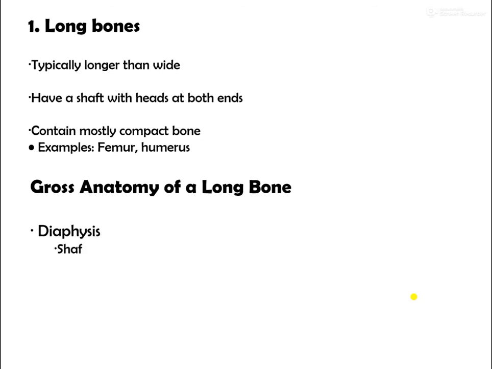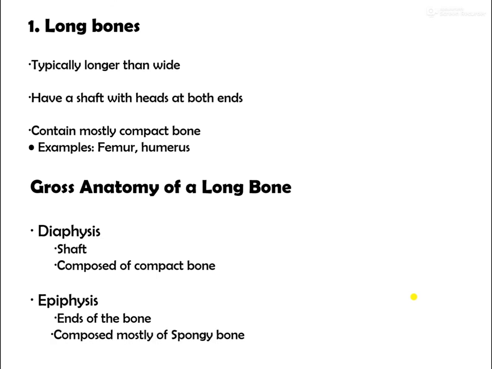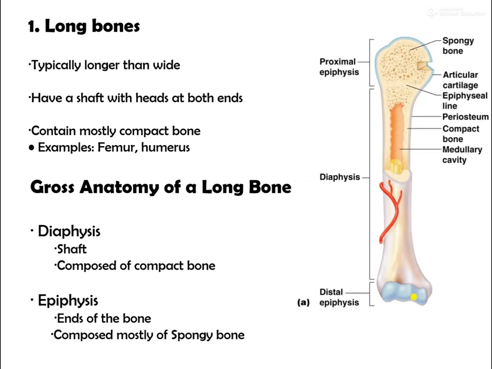They contain the diaphysis, which is a shaft composed of compact bone, and the epiphyses, the ends of the bone, composed mostly of spongy bone. Now see in the diagram, these are the diaphysis, the distal diaphysis. Next one is the epiphysis, the ends of the bone.